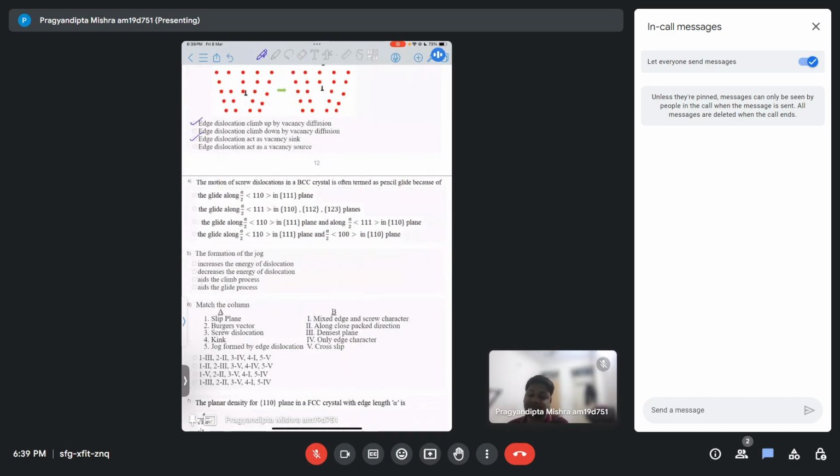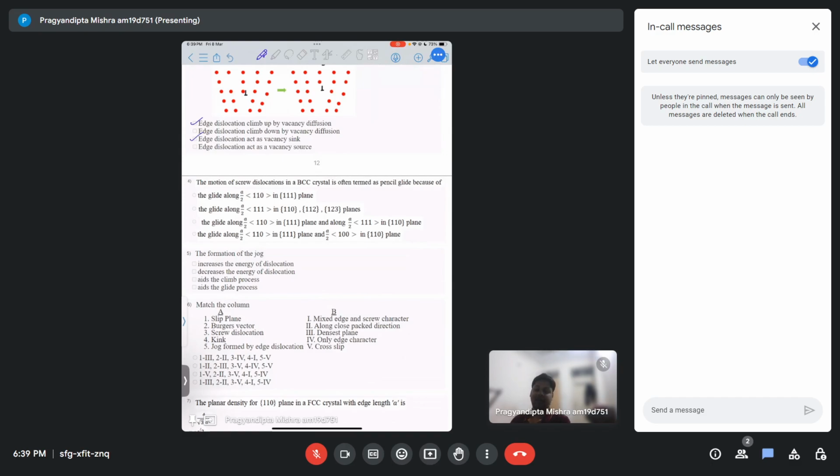Okay. Fourth question. The motion of screw dislocation in BCC crystal is often termed as pencil glide because of the glide along a/2 <110> in the {111} plane, the glide along a/2 <111> in {110}, {112} and {123} planes, glide along a/2 <110> in the {111} plane along with a/2 <111> in the {110} plane, or the glide along a/2 <110> in one plane and a/2 <110> in another plane.